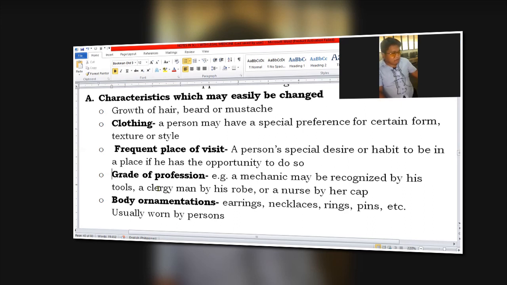For example, the victim mentions to the investigator that the suspect is wearing a cap of a nurse or a robe, or a uniform of the police, then we can start there by building a case that possibly the suspect is a policeman, a nurse, or a clergyman. When we say clergy, we may refer to a priest or any minister or pastor.